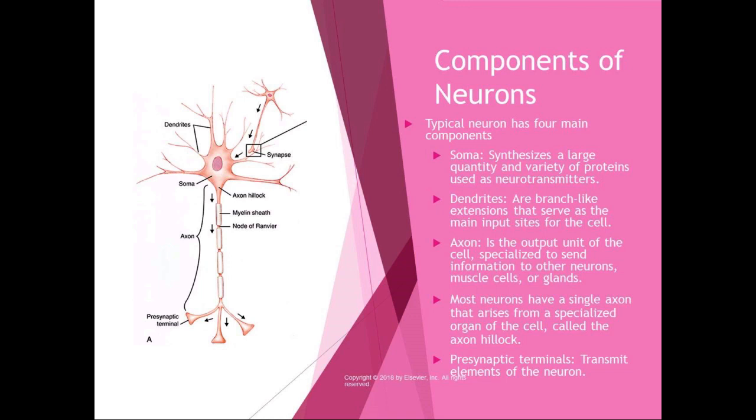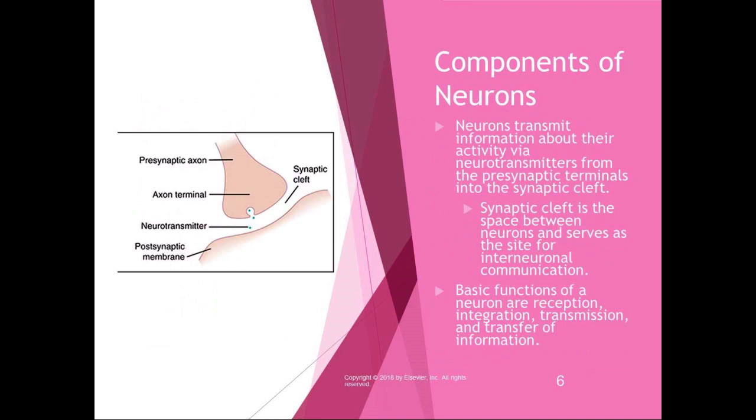The presynaptic terminal is the transmitting element of the neuron. It's at the end of the axon. The presynaptic terminals, that's where the neurotransmitters are released. Neurotransmitters are information chemicals that are released from presynaptic terminals to pass on to the next cell.